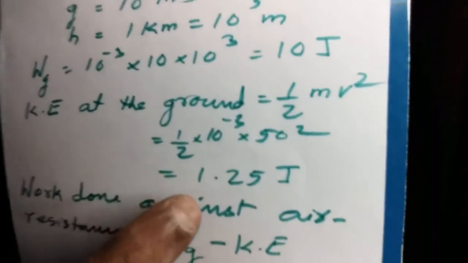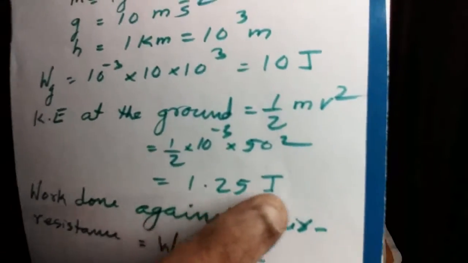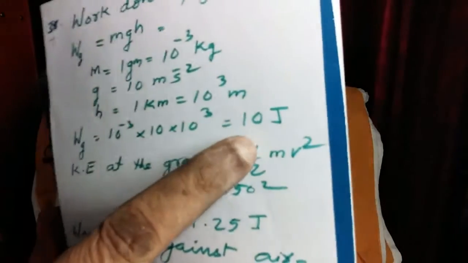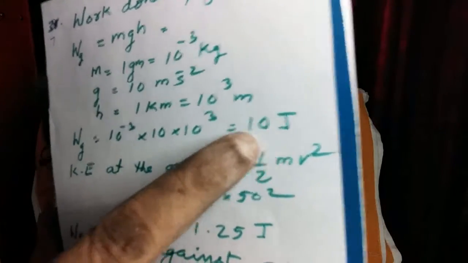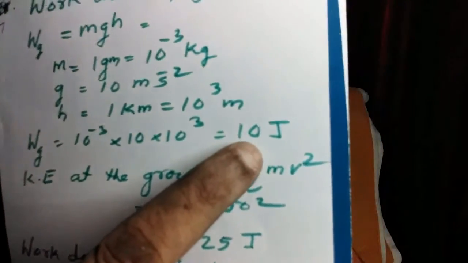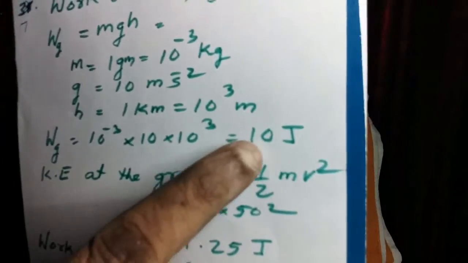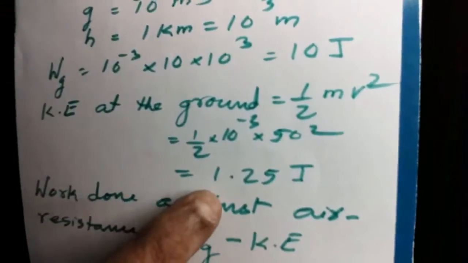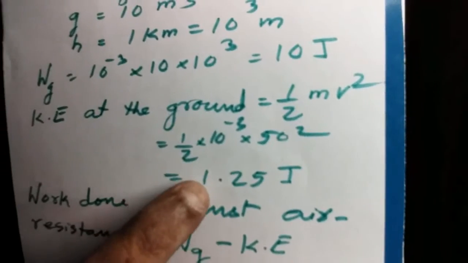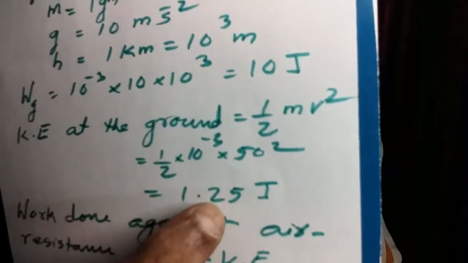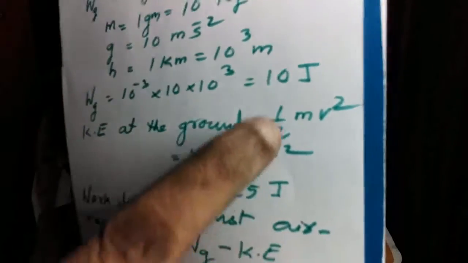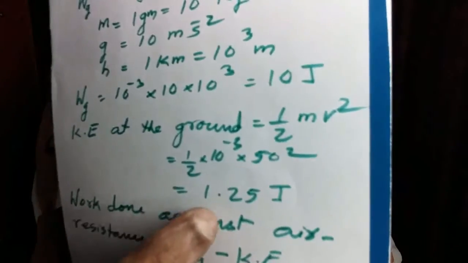You get it as 1.25 joule. The total work done by gravity, or the total initial potential energy, was 10 joule. But when it comes to the ground, its kinetic energy is only 1.25 joule, that is much less than 10 joule. Where does the rest of the energy go?